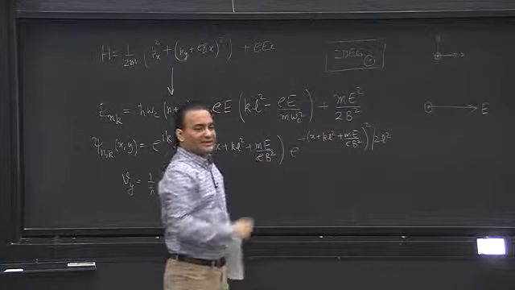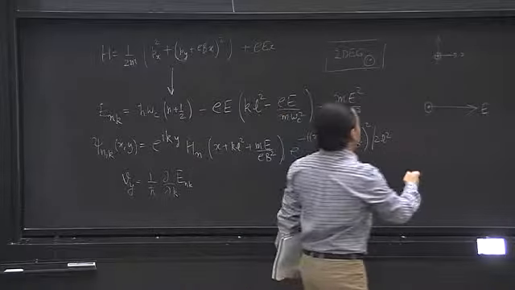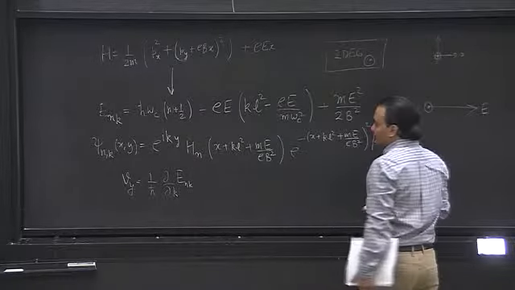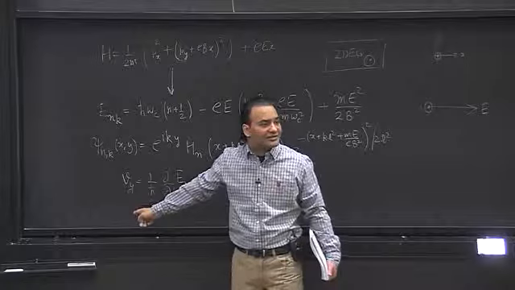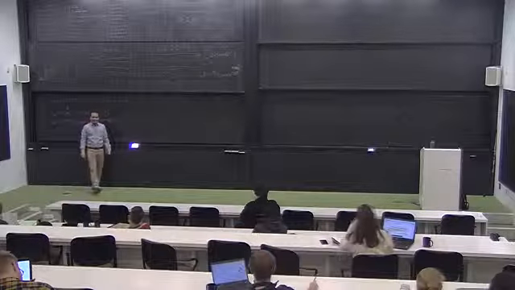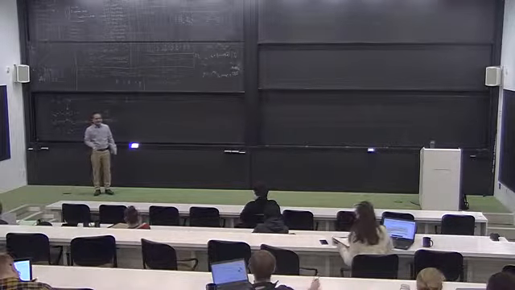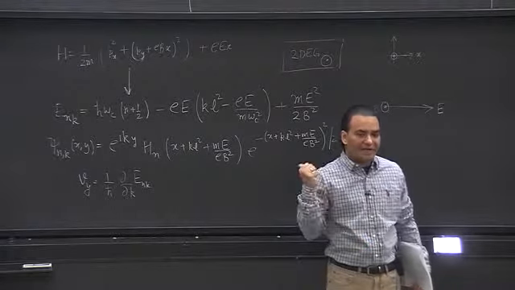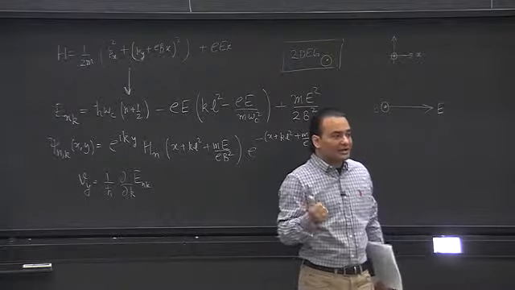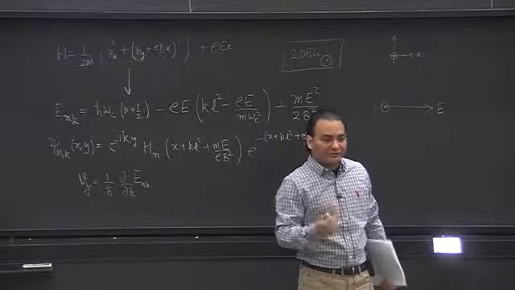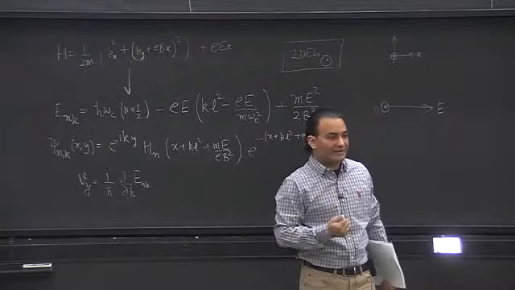So the electric field is in x, the magnetic field is in z, and what we have is a velocity in the y direction. So we have a drift velocity. This calculation predicts that the particle will now drift in the y direction.